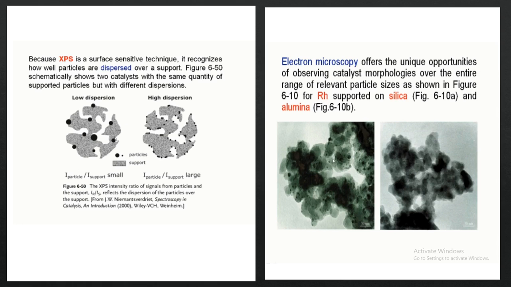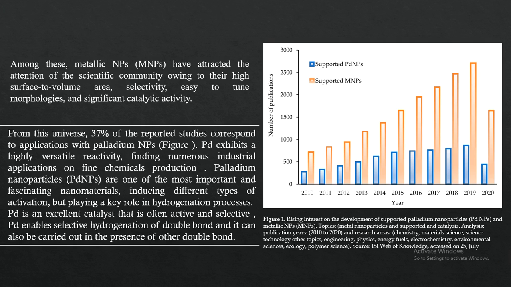So here are the electron microscope images, offering a unique opportunity to see the catalyst morphology of the supported metal on silica and alumina. Here is the histogram, which represents the publications from 2010 to 2020.